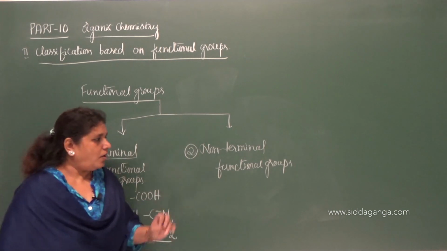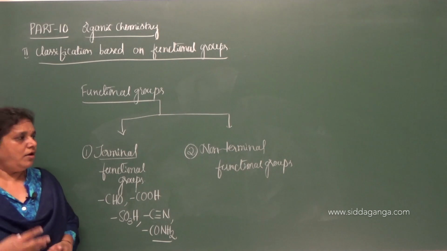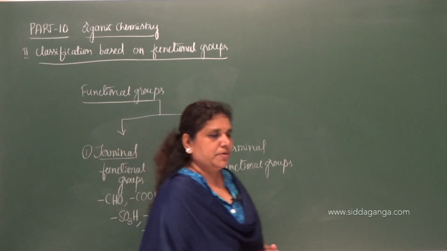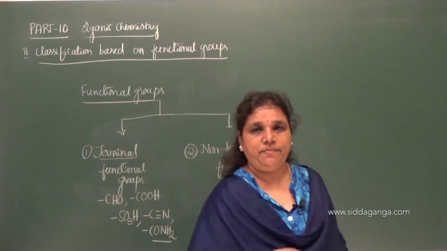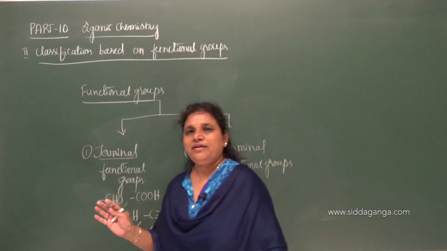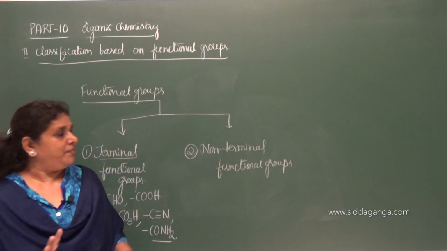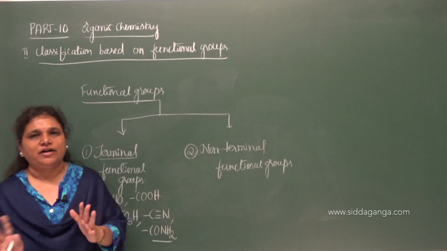Then what are non-terminal functional groups? Non-terminal functional groups are nothing but the functional groups which are present at the non-terminal position of a carbon chain. They are not present at the end of the carbon chain.